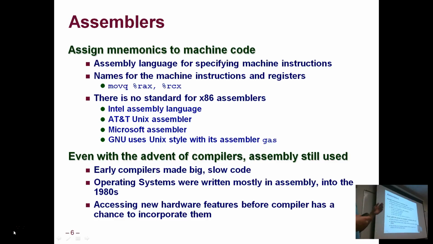The other reason why you still use assembly even today is that anytime Intel releases a new processor with new instructions, the only way you can get access to those new instructions is to hand code the assembly for them, because compiler technology takes a long time to incorporate new Intel instructions into the compilation process to generate efficient code.